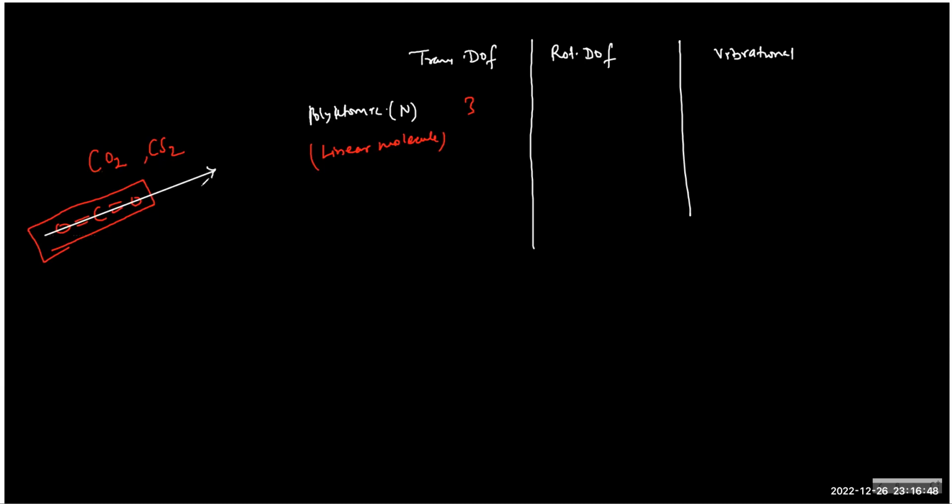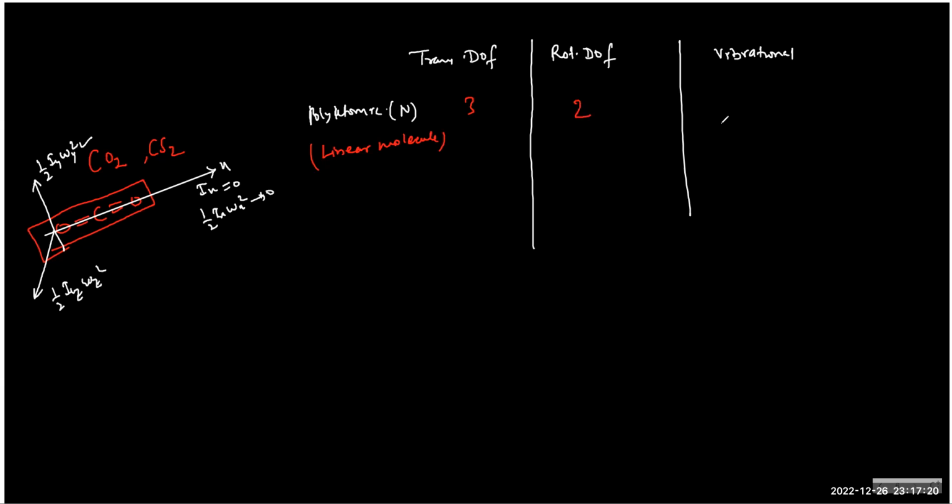And about this axis, the moment of inertia will be how much? 0. It means about this axis, we will not get any rotational kinetic energy, isn't it? So the only significant energy form will be these 2, right? So the rotational degrees of freedom will reduce to how much? 2.